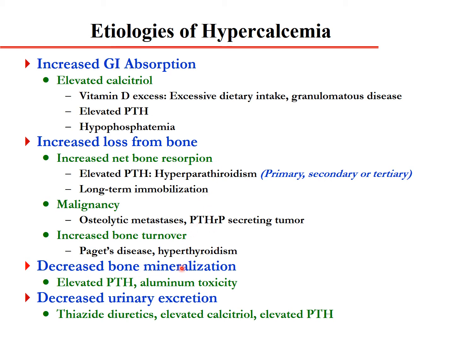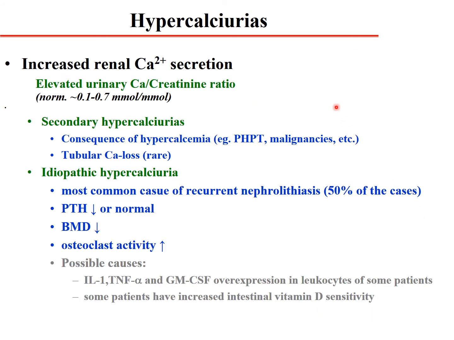Decreased bone mineralization can happen if somebody has, for example, an elevated PTH or aluminum toxicity. Or decreased urinary excretion, for example, some diuretics, thiazide diuretics, or elevated calcitriol level or elevated PTH level can lead to this problem.